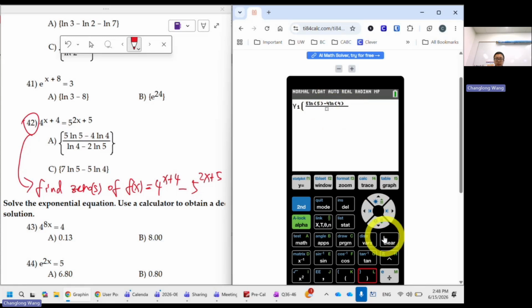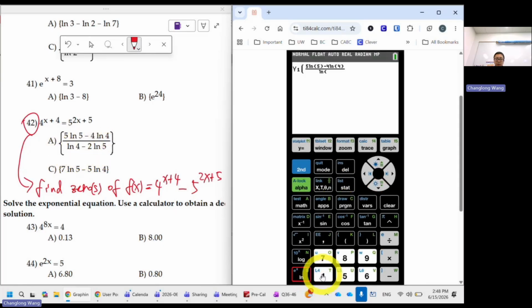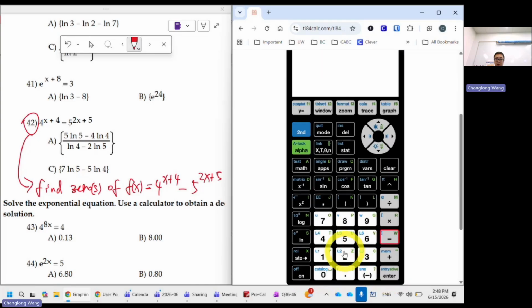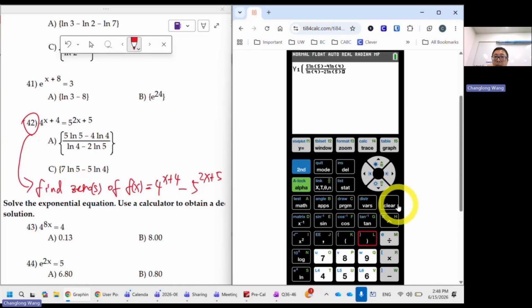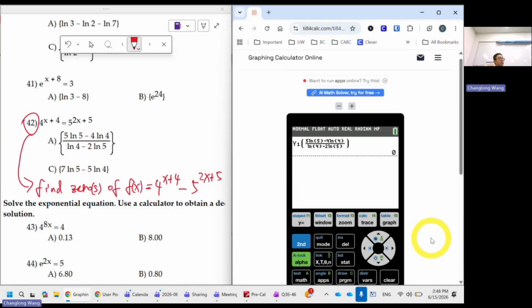All right, so I'm done with the numerator. Go downstairs. So this is going to be ln 4 minus 2 ln 5, right? So ln 4, close the parentheses, minus 2 ln 5, close the parentheses, right? Am I right? 5 ln 5 minus 4 ln 4, over ln 4 minus 2 ln 5. Okay, let's go. Close the parentheses and hit enter. All right, it is a 0.